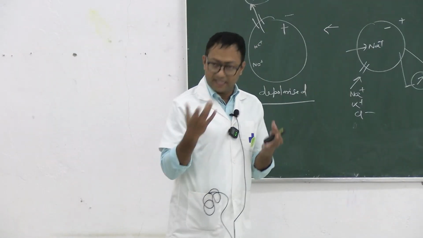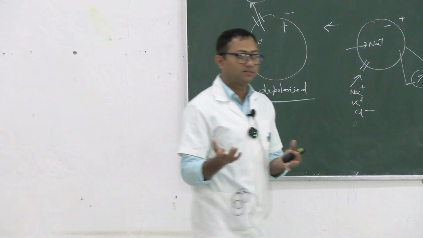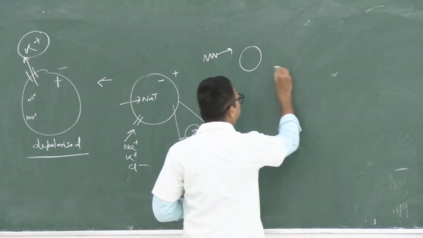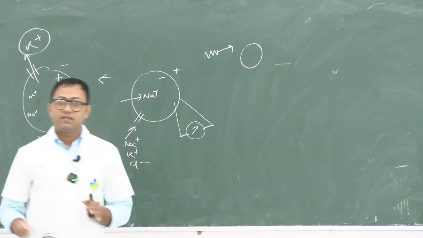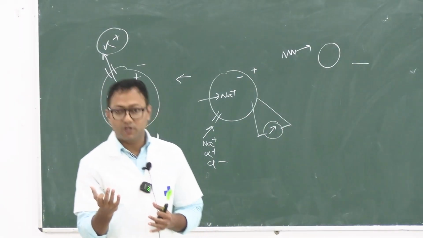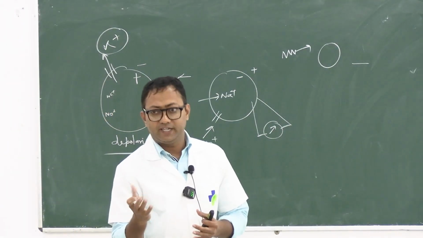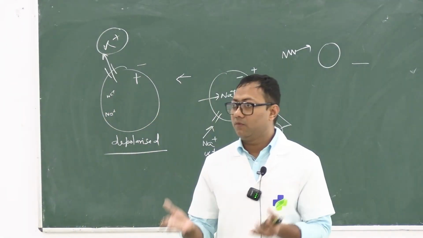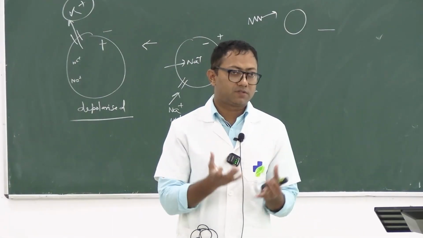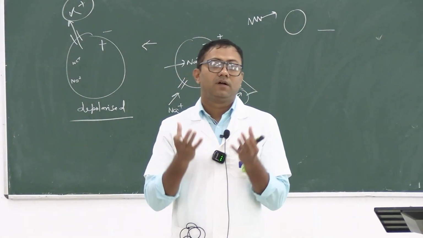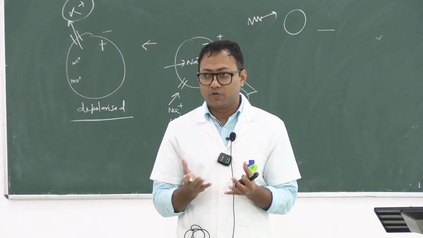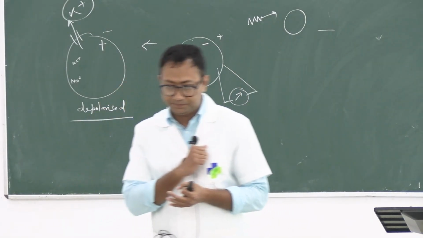What will happen? The cell has a resting membrane potential. You apply a stimulus. Whenever you are applying a stimulus, it should be measurable. For all experiment purposes, scientists use electricity as a stimulus, because it can be very well measured.